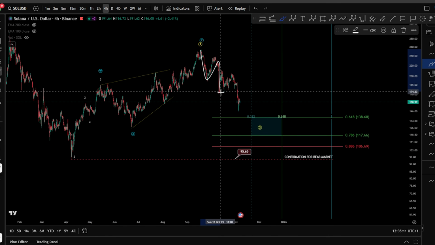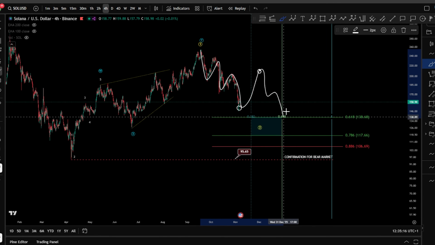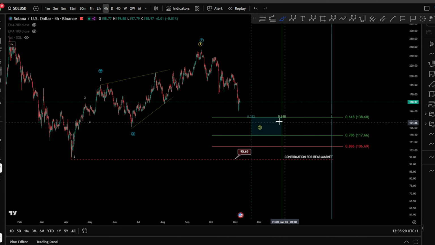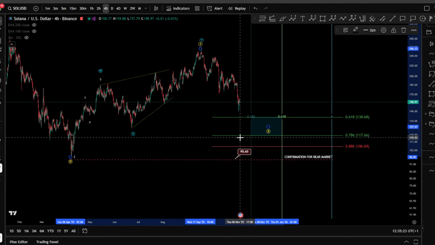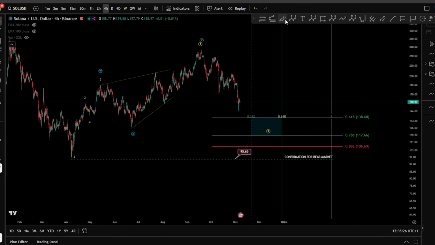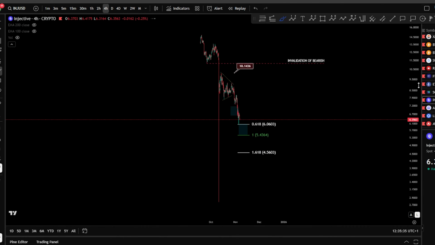That means this might transform into wave A, probably wave B, and then wave C again, and then move toward the upside after the perfection of wave 2 over there. So these are the possibilities for Solana to be watched. Of course, we have a testing area here to see if it's going to show a signal of strength, and we take it from there.